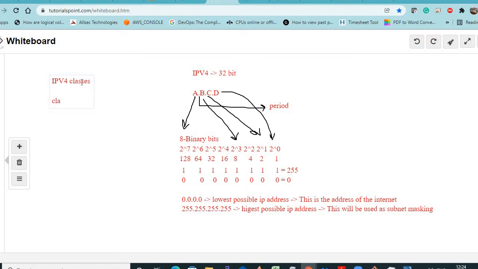That means class A, class B, class C, and class D. And along with these classes they made one rule. Okay, so let me tell you what those rules are.